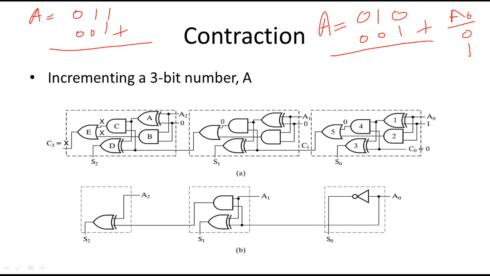So if A0 is 0, then we add 1, the sum becomes 1.